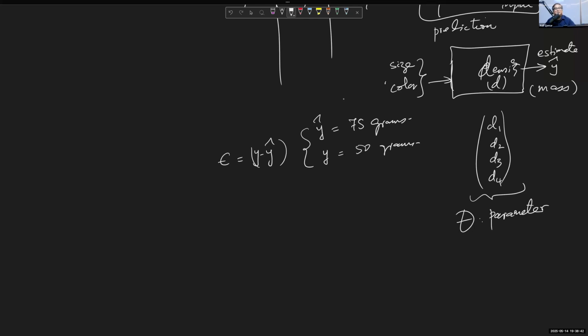No wonder when they talk, people say these guys are talking Greek. Okay, parameters. These are parameters of the model, right? Because this is part of your own mental model, isn't it? You happen to know the physics formula that mass is density times volume, right? And all you need to do is guess the density by color, right?